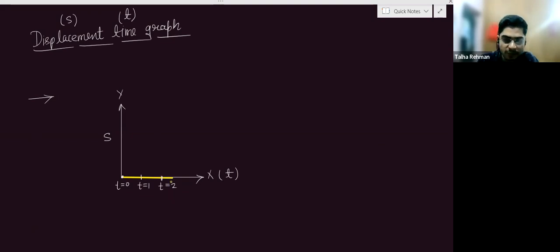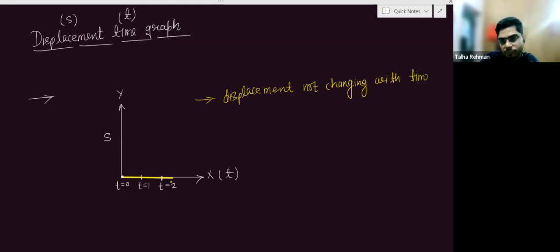So here the displacement is not changing with time, so the body is at rest.